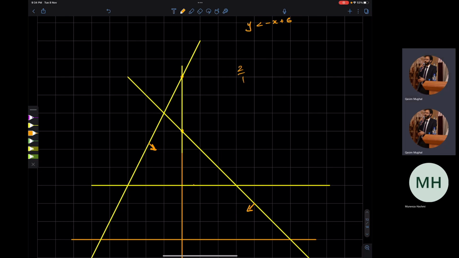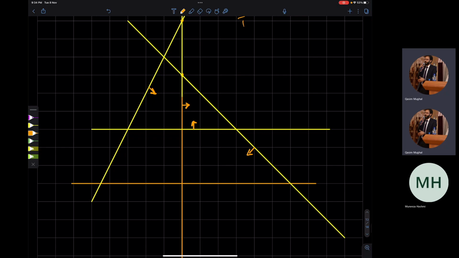Y is greater than 3, so it's going to be above this line. X is greater than 0, it's going to be on the right-hand side of this line. So the common region for all of these is this triangle you see here, because this region is underneath this, above this, on the right-hand side of this, and also underneath this one.